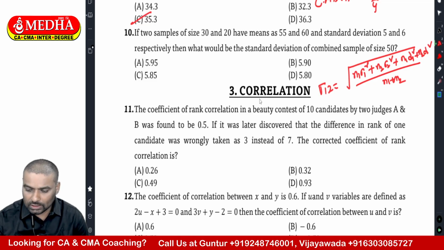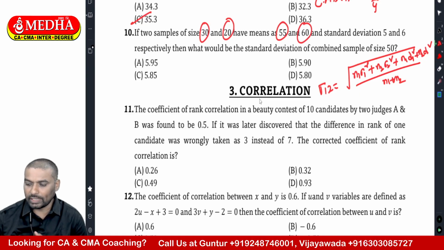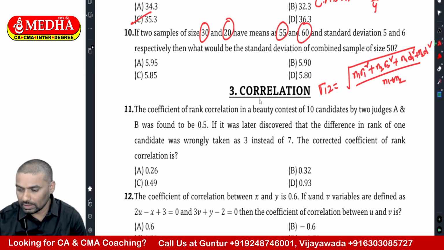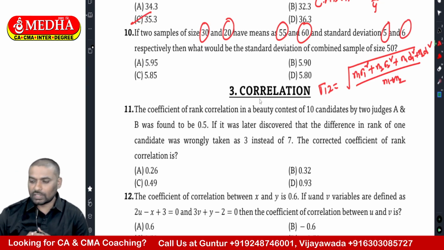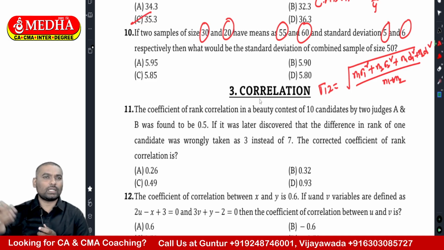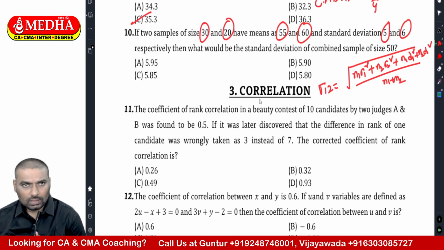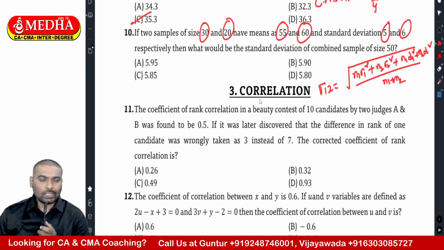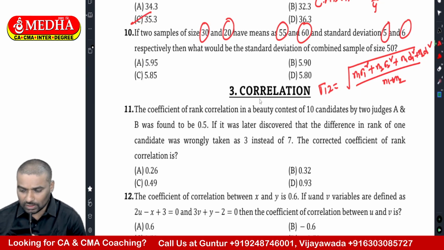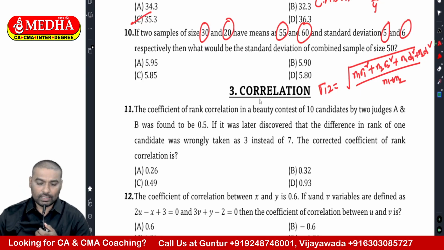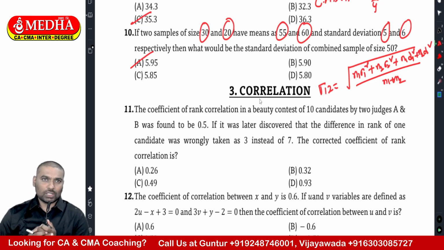So here n1 is 30, n2 is 20, x1 bar is 55, x2 bar is 60, sigma 1 is 5, sigma 2 is 6. So first of all you calculate x12 bar, later d1 and d2, d1 is x1 bar minus x12 bar, d2 is x2 bar minus x12 bar, and substitute all those values in the given formula. Then we get combined standard deviation 5.95. Then option A is correct.